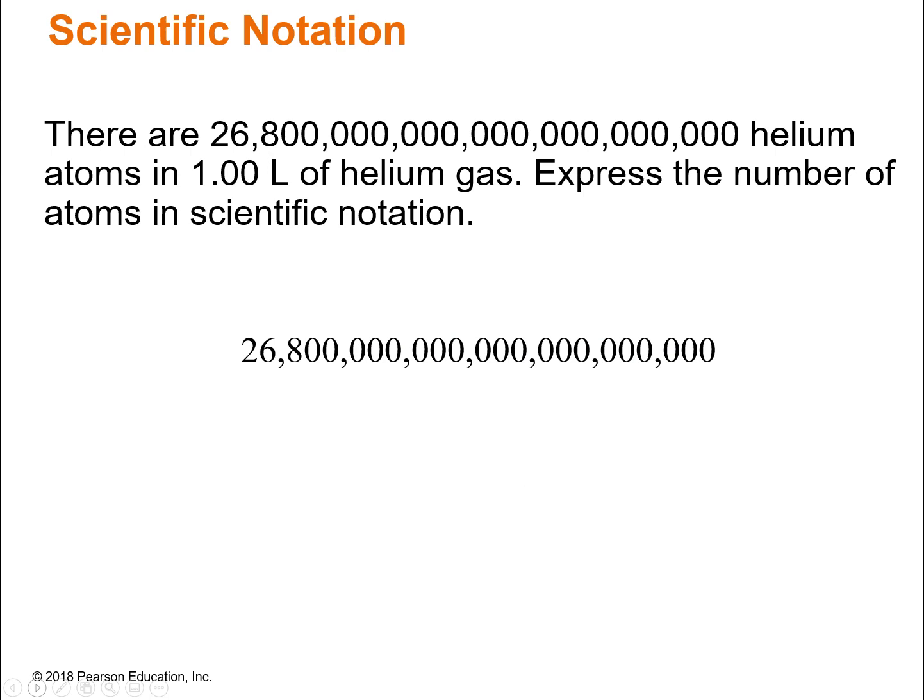Let's try to take an ordinary number and express it in scientific notation. We've got a really, really big number. We don't want to write all these zeros out. When you see a really, really big number, any number that's greater than 1, remember that there's an implied decimal point.